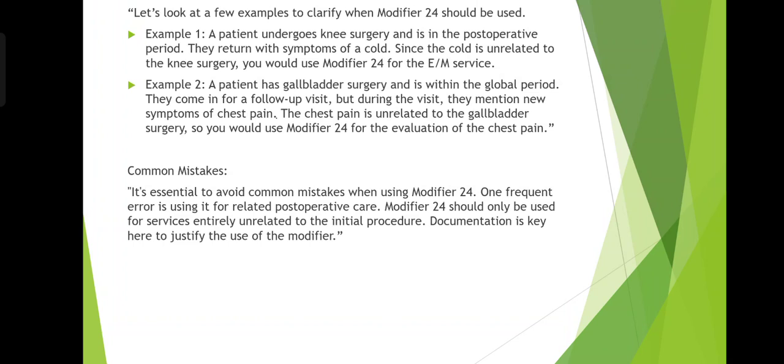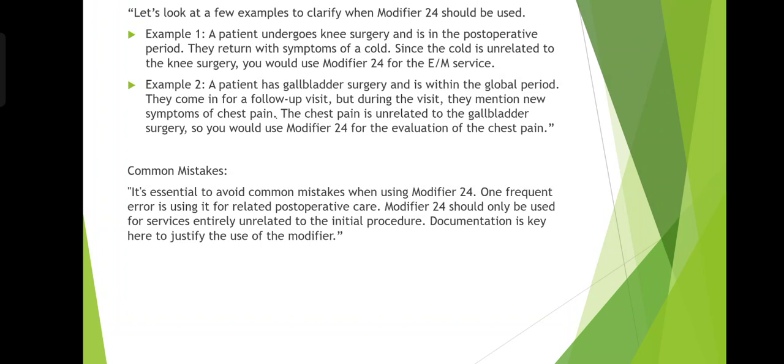He is in post-operative care, he came to the same physician, but the complaint is related to that surgery which happened recently. In that case you should not use modifier 24. You should use modifier 24 when the service provided is unrelated to that previous surgery during the post-operative period.